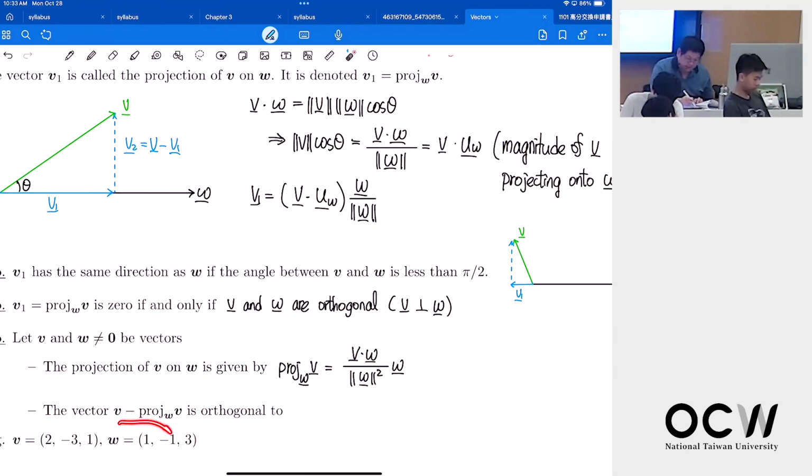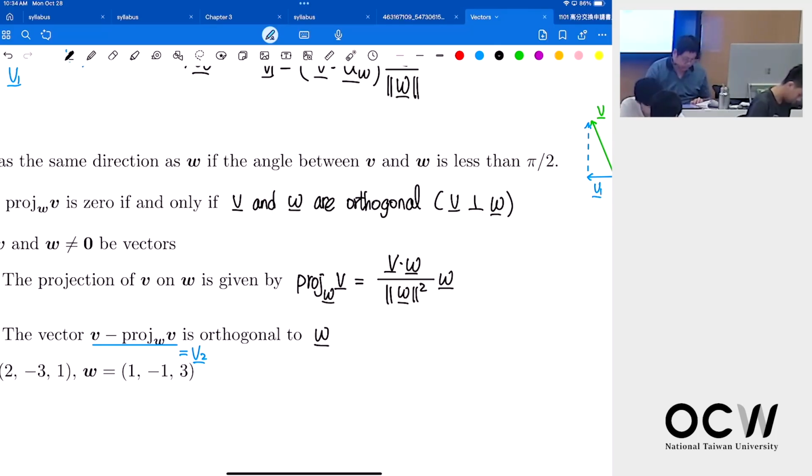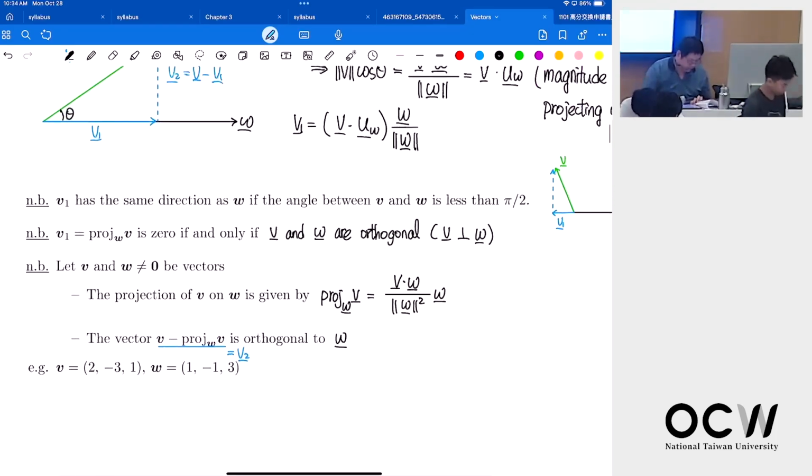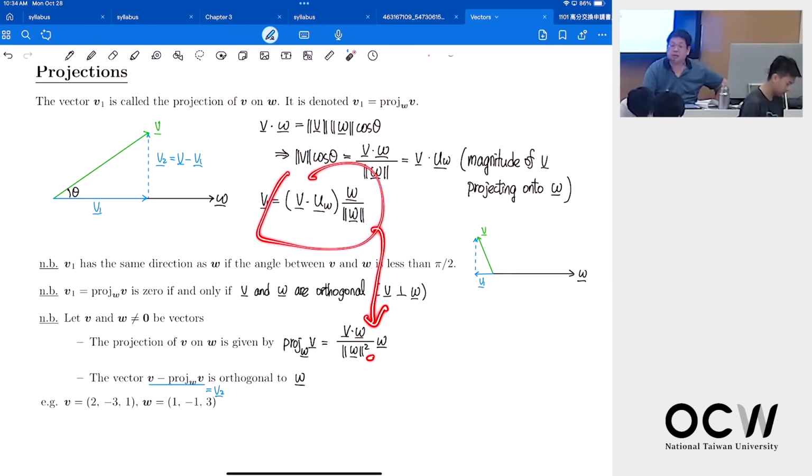Okay, so this is v2. v2 is orthogonal to v1, which is also orthogonal to W. Any questions? That's why we have a square. All right.